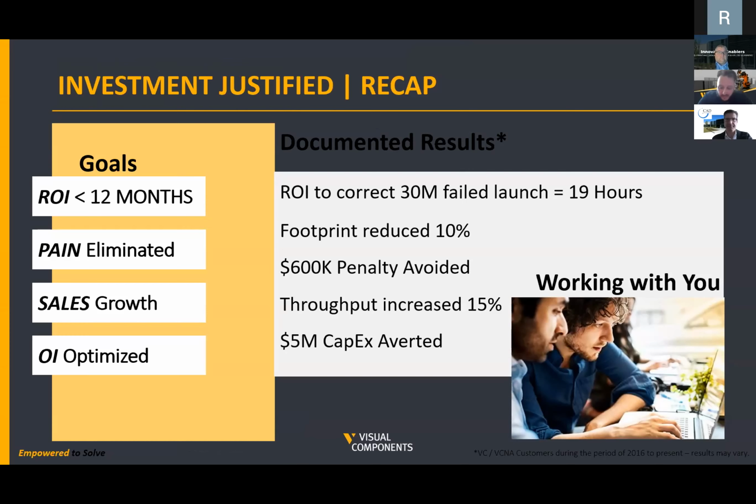And one of the other things that we like to talk about is when that investment is made. We had a customer that did a launch and it was an absolute unmitigated disaster. Well, they weren't a customer at the time. It was a $30 million loss. They actually had to outsource to their main competitor in order to meet their promised delivery.